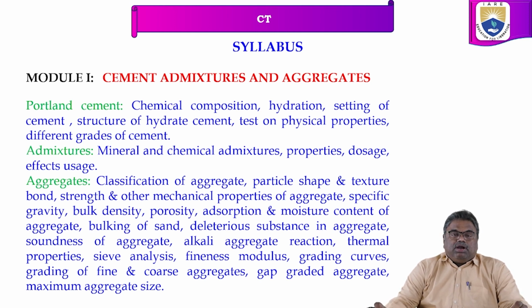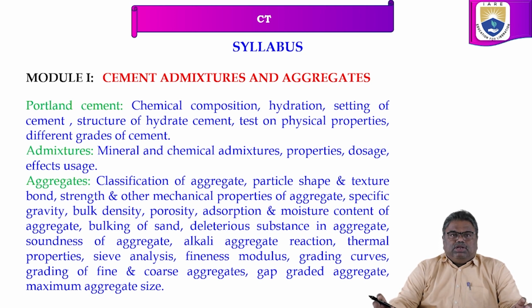The strength and other mechanical properties of the aggregates, specific gravity of the aggregate, bulk density of the aggregate, the porosity, absorption, and moisture content, soundness of the aggregates, alkali aggregate reaction, thermal properties, sieve analysis, fineness modulus, grading curves, grading of fine aggregate and coarse aggregate, and gap graded aggregates, and mixing.